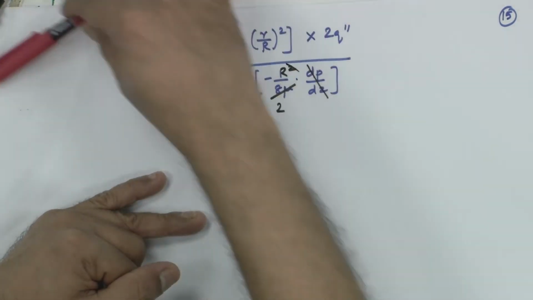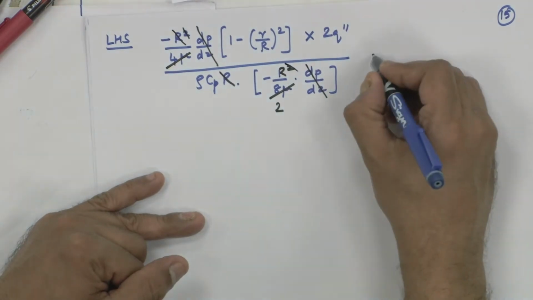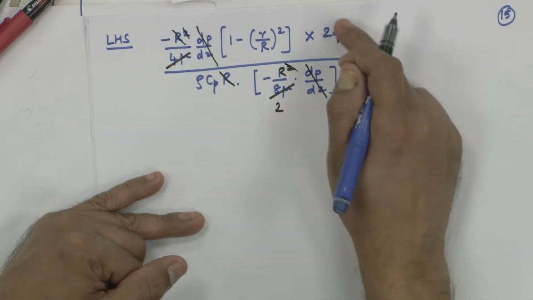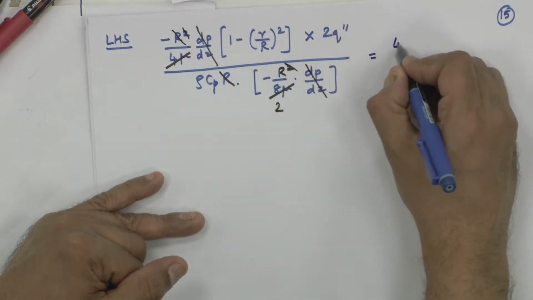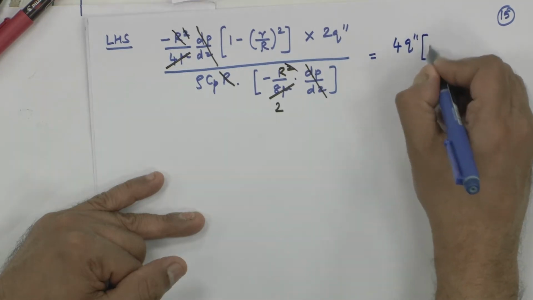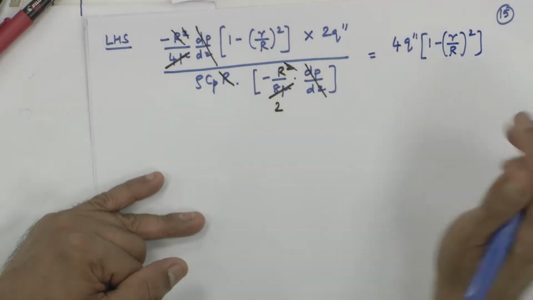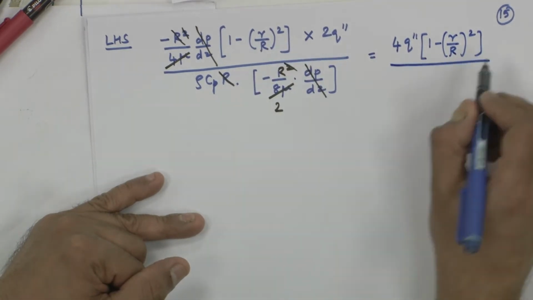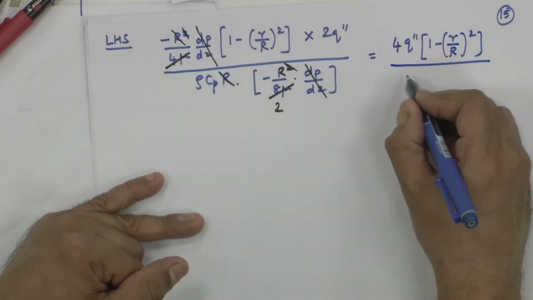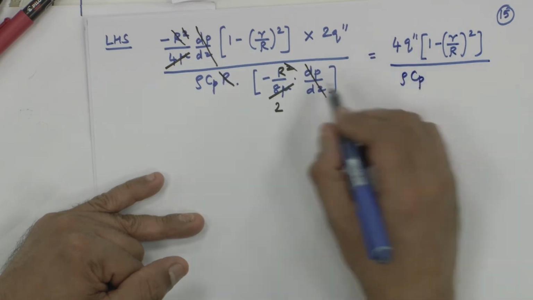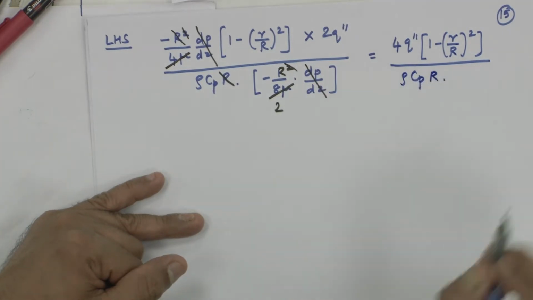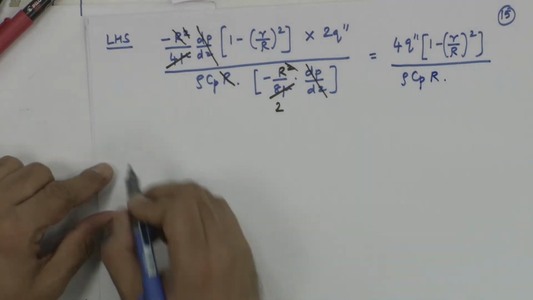Minus signs will appropriately cancel, and I am left with 2 goes up. So, 4 q double prime into 1 minus r by capital R whole square as it is, divided by rho Cp, and 1 r which is left behind. This is your left hand side.